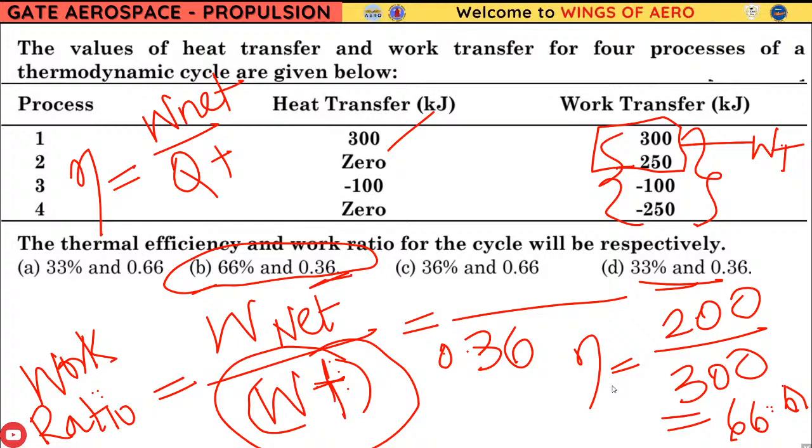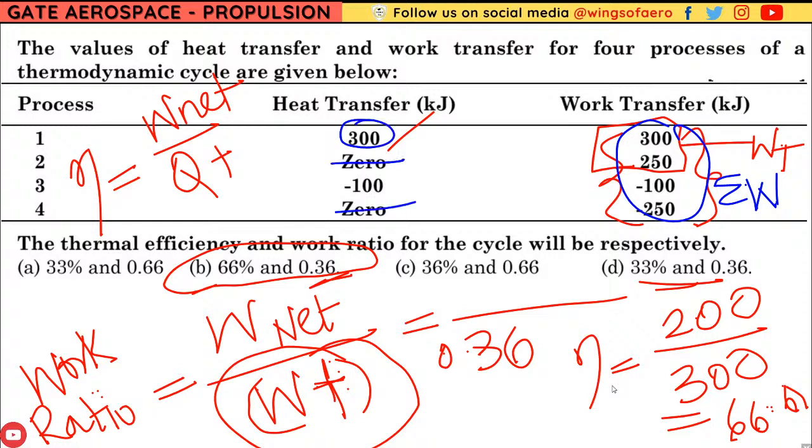So understand that eta means net work done, that means whatever the positive and negative you have to compile, the summation of the work done, divided by heat added. Here only heat is adding. 0 means just ignore it. Whatever the heat is added. So when you substitute that, you will get 0.666. So 66.7. Alright.